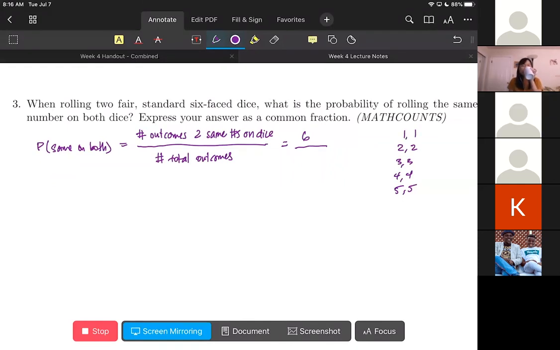So anyone else have any ideas on which one it could be? This could be 6 choose 2. That's another possibility. Also 6 and 6, rolling 6 on both.